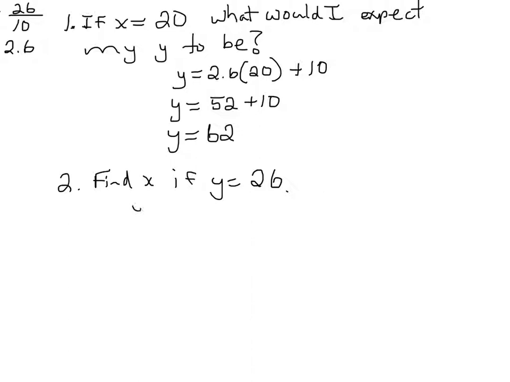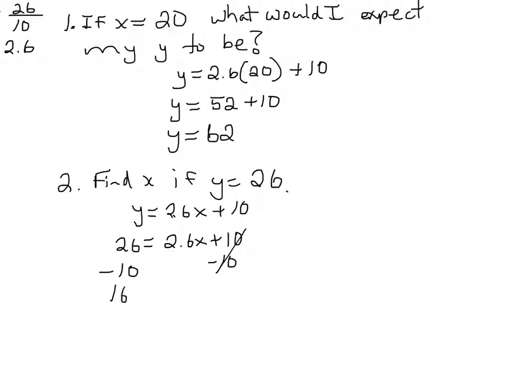I would again go back to my rule, y equals 2.6x plus 10, and plug in 26. So 26 equals 2.6x plus 10. I'm going to subtract 10 from both sides first. 16 equals 2.6x. Then I divide both sides by 2.6.